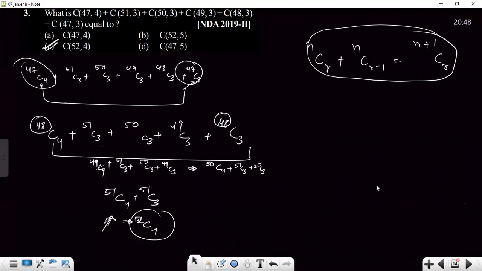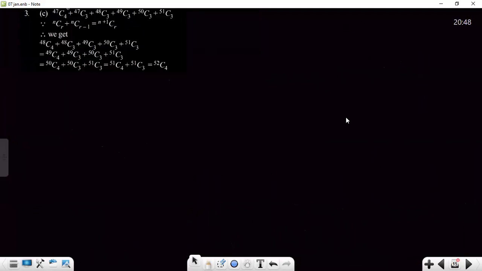Like this. See, the property is very important here. They have also represented it well. So nCr plus nC(r minus 1). Basically n is common here, then only the property will be applicable. Then n is going to get added with 1, and r, whichever was the greatest out of the two, will be used.